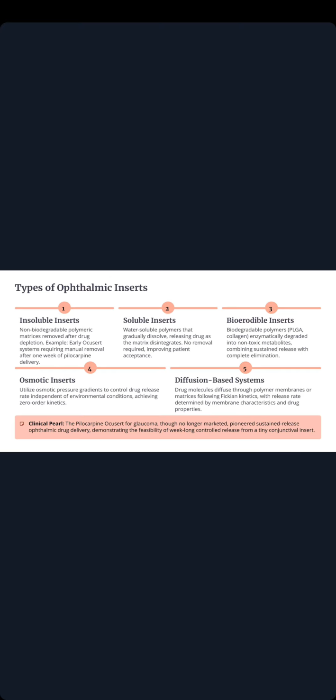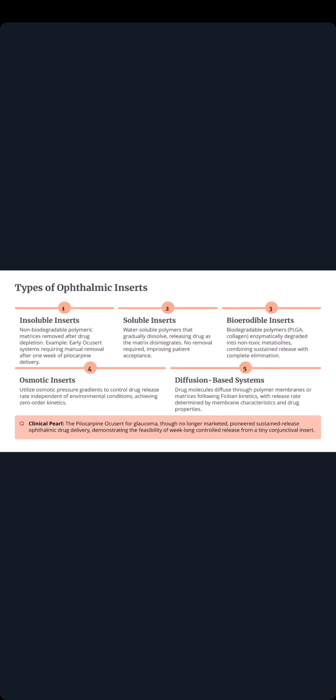What types of ophthalmic insert do we have? We have insoluble inserts. Of course, they are not biodegradable. They are polymers that you should remove after the drug has eluted. The early systems were like that. You need to manually remove them after, for example, 1 week of pilocarpine delivery.